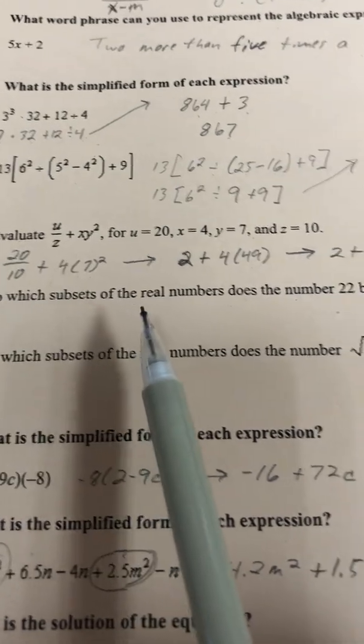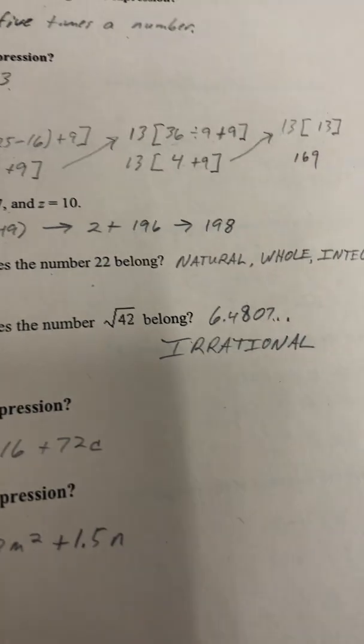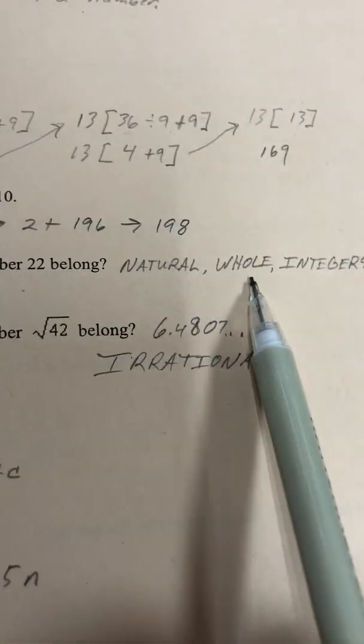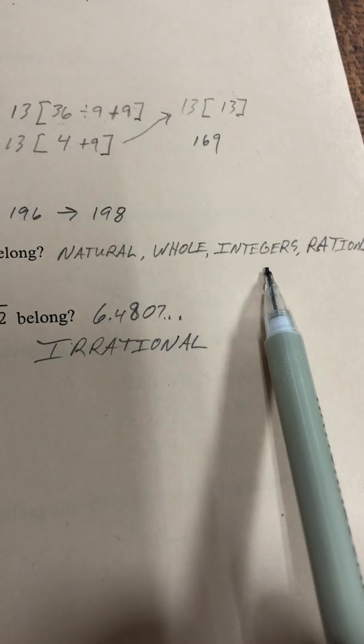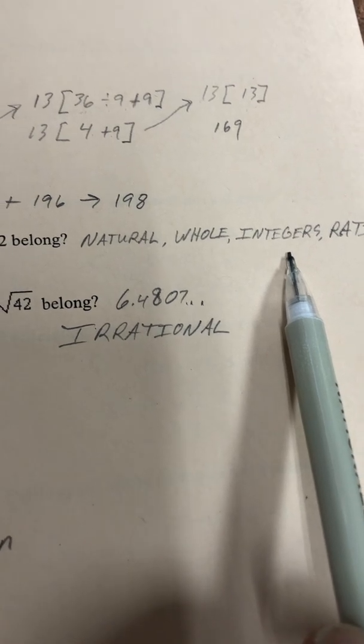Number 7, to which subsets of real numbers does the number 22 belong? That's going to be all of them. It's natural or counting. Whole numbers, those are all the counting numbers and 0. Integers, those are all negative numbers and all whole numbers.